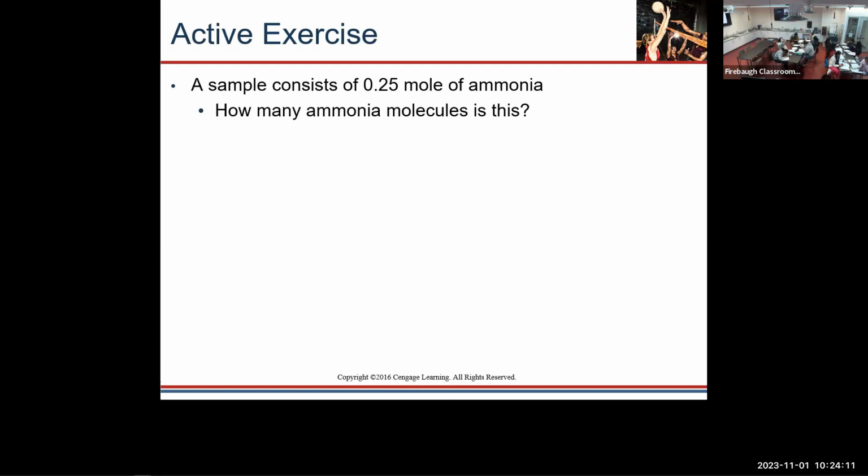Okay, what is the chemical formula for ammonia? NH3. Because ammonium is NH4. Ammonia is NH3. So we have 0.25 moles of ammonia.